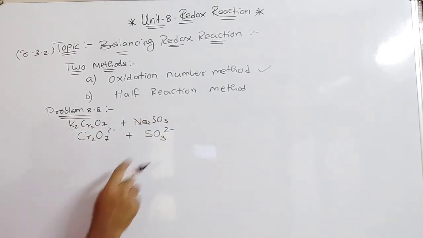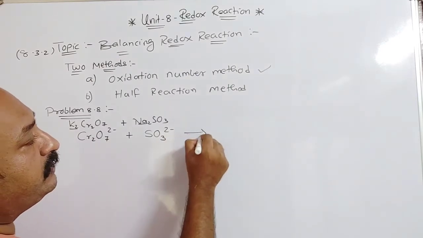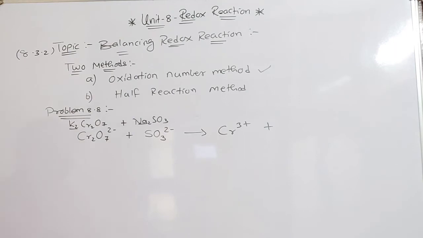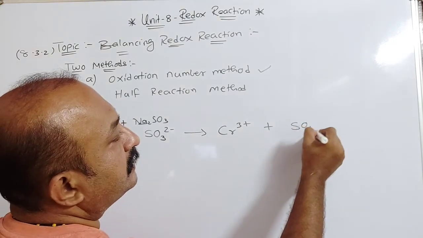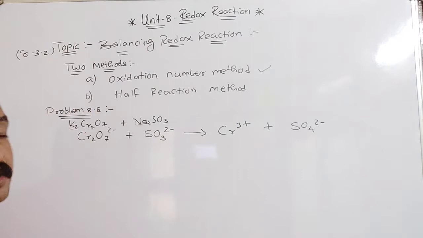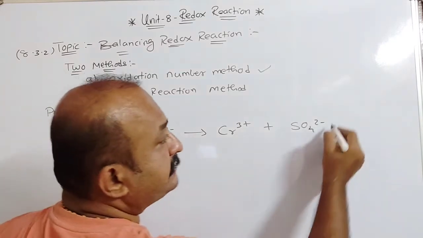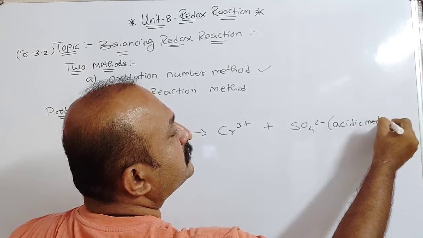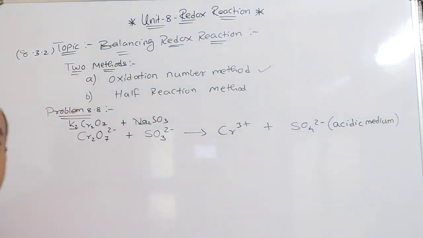We have removed the positive ions and are only talking about the negative ions. It gives Cr3+ and SO4 2-. This reaction occurs in acidic medium. Two mediums are there, acidic and basic. It is written in your question as an acidic solution, so you can underline that part.